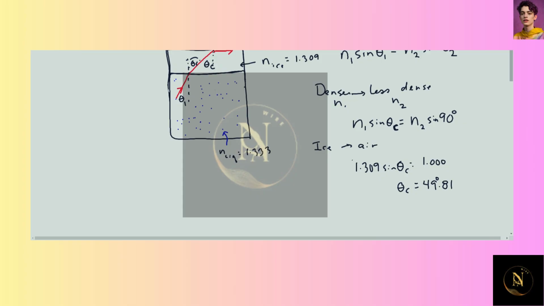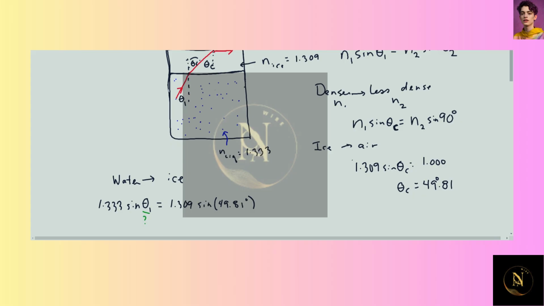So water into ice. N1 is the N of water, 1.333, and we are looking for theta 1. So that's our question mark. And that has got to equal 1.309 times the sine of 49.81 degrees. And we can solve that for theta 1.